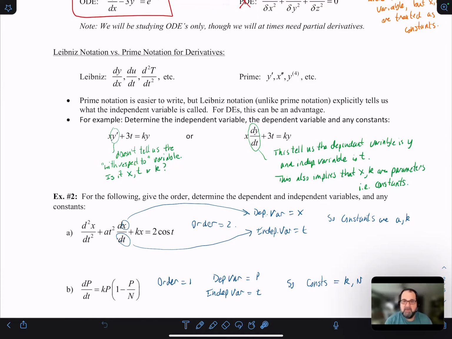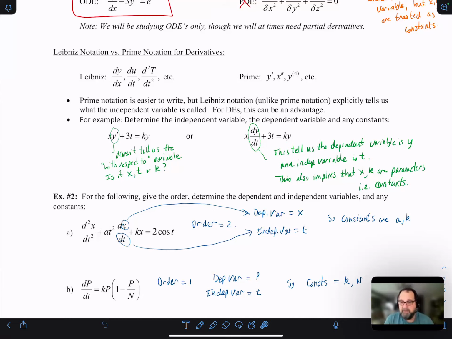This is telling you that the name of the function is y and the independent variable is called t. So the function we are looking for here that fits this description would be y equals some sort of function of t. That also tells us then if y is the function, i.e. y is the dependent variable and t is the independent variable, then any other letters like the x and the k here would be treated as constants, basically.